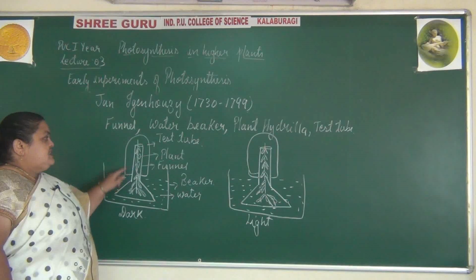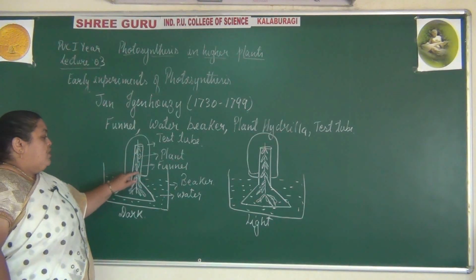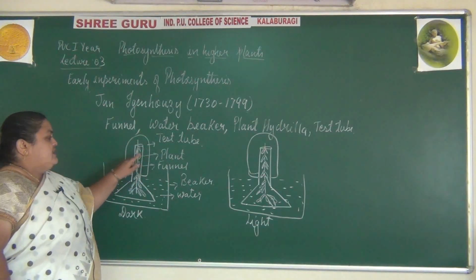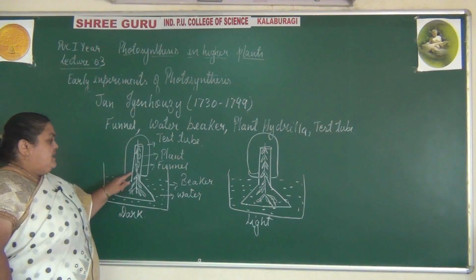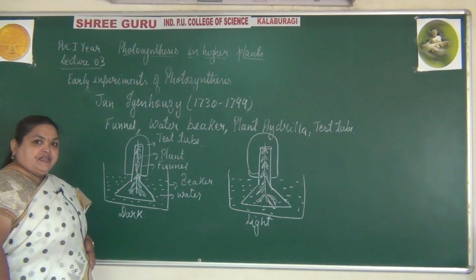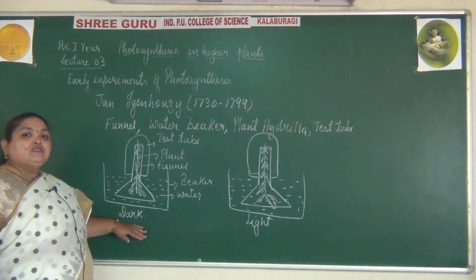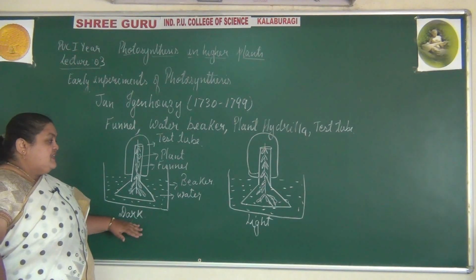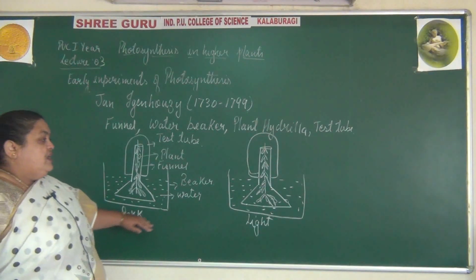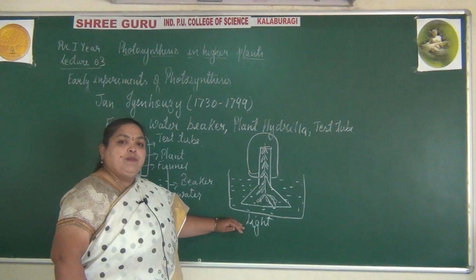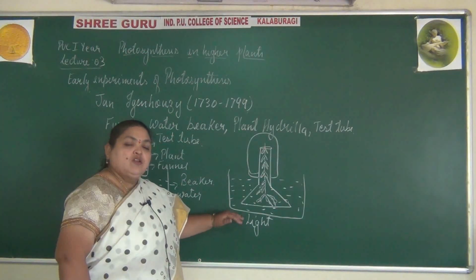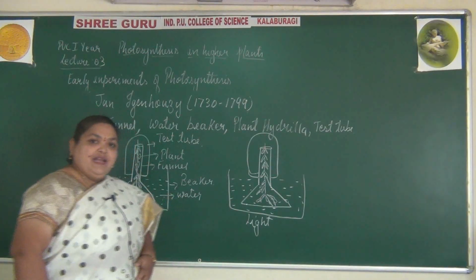The stem of the funnel was covered by a test tube, and he placed one of the setups in the dark room, while the other setup was placed in the presence of light.